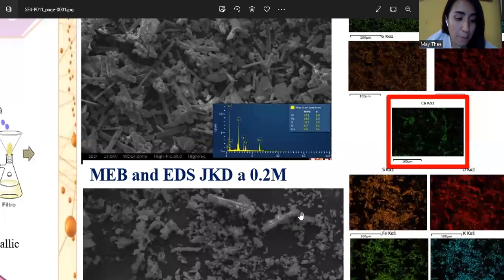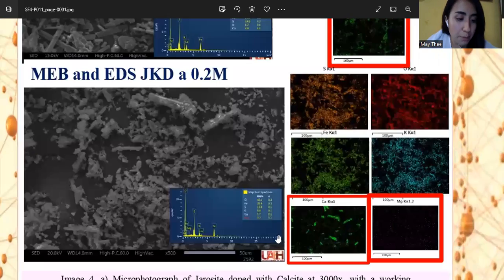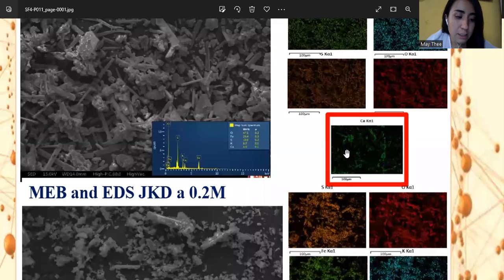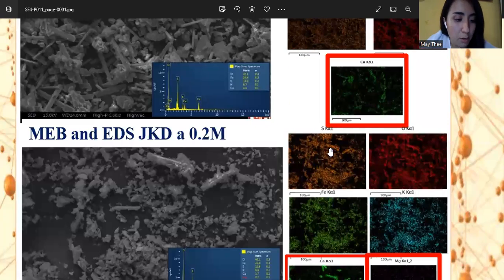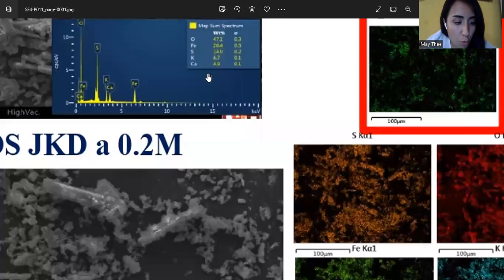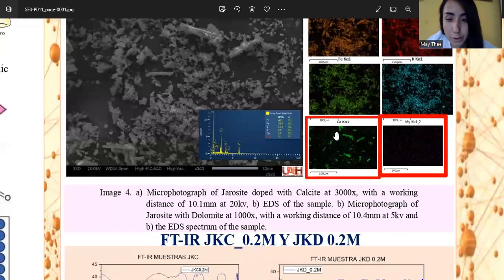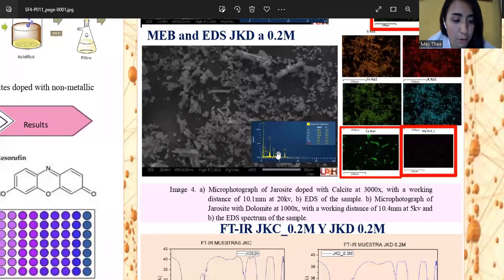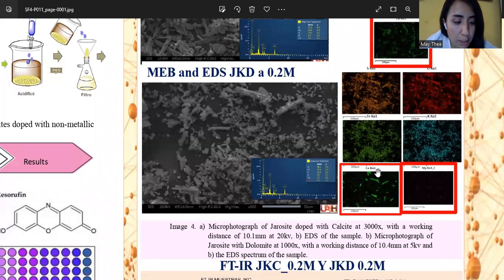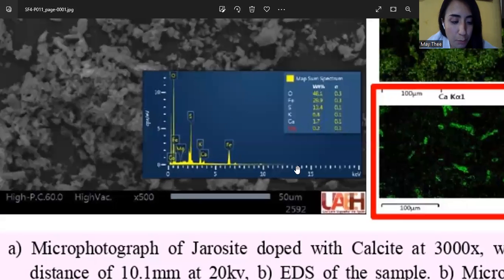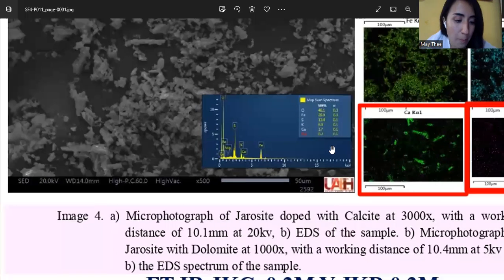In the elemental mapping, it was possible to detect the presence of calcium for the JKC sample with 4.9%, and the presence of magnesium and calcium for the sample JKD with 1.7 and 0.2% magnesium.